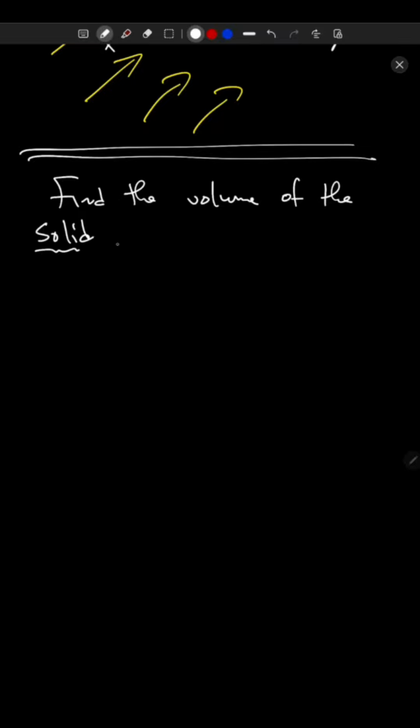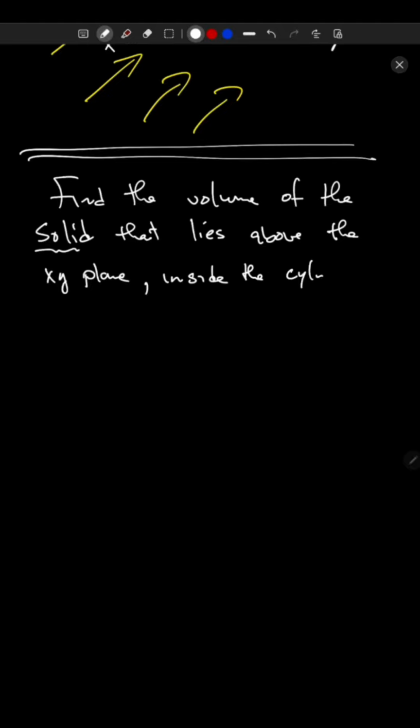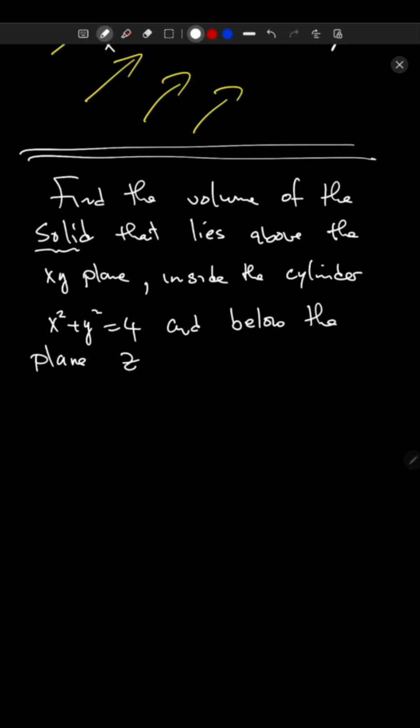Find the volume of the solid that lies above the xy plane, inside the cylinder x squared plus y squared equals 4, and below the plane y equals 2z. Okay.